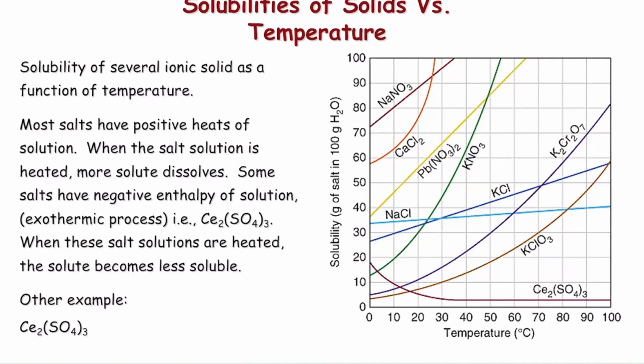Remember, delta H positive, endo; delta H negative, exo. When the salt solution is heated, more solute dissolves. Some salts have negative enthalpy, like cerium sulfate. When these salts are heated, the solute becomes less soluble. Okay, so keep that in mind.